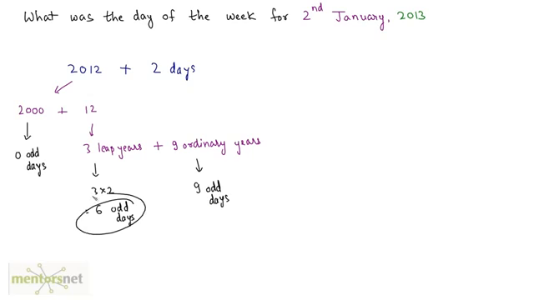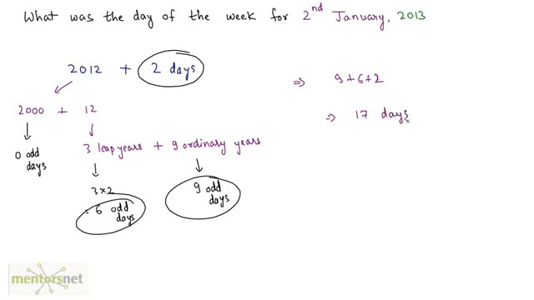We need to add these odd days with the 2 days. So in all we have 9 plus 6 plus 2, and that is 17 days. 17 days can be written as 14 days plus 3 days. 14 days is 2 weeks, so we have 3 odd days in all for the time period up to 2nd January 2013.